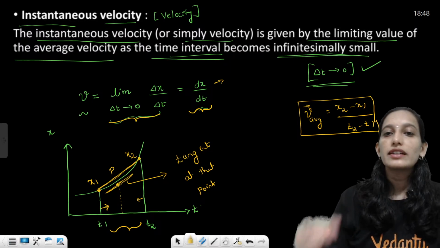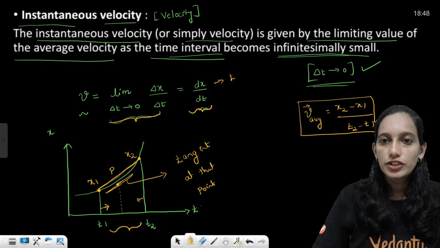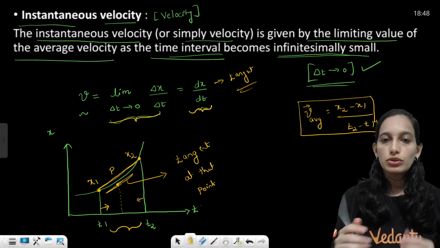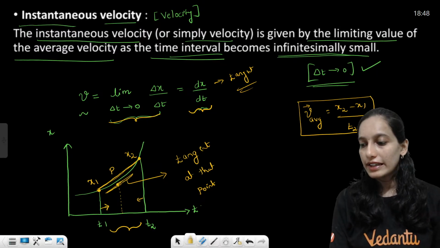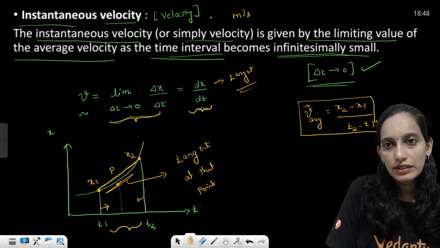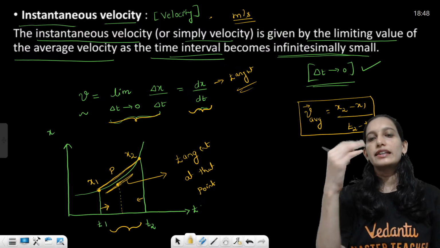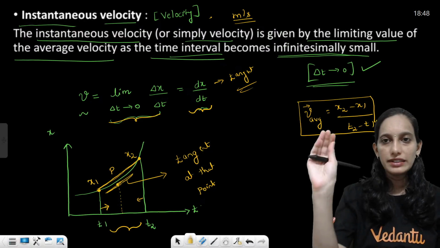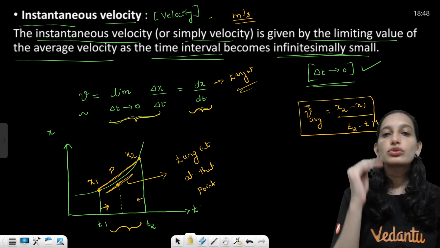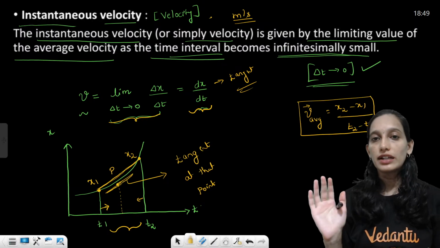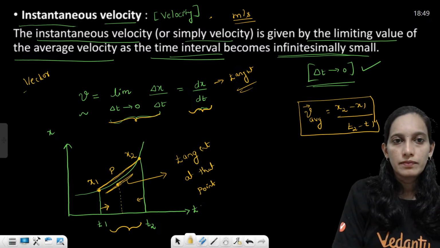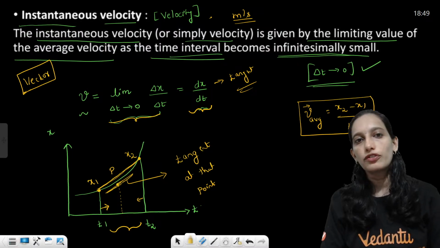So dx by dt means you will be plotting a tangent to the given curve. This is how you define instantaneous velocity. Again, the unit of instantaneous velocity is meter per second, because dx has the unit of displacement, meter, and dt is our time interval, which is second. So dx by dt has the unit meter per second. Again this is also a vector quantity, with a unit of meter per second.